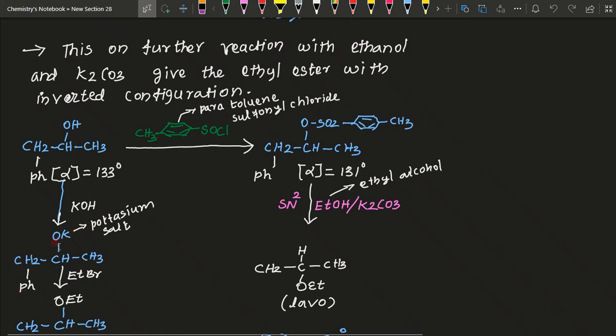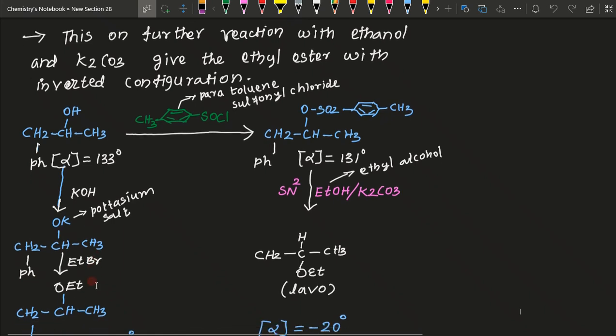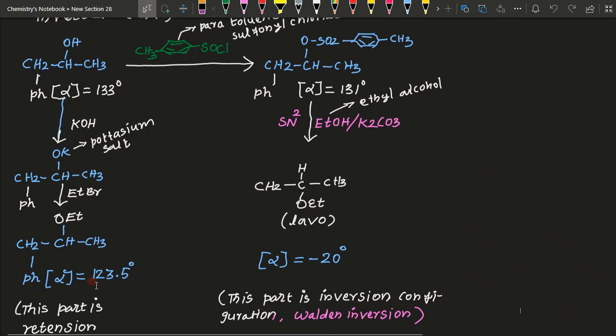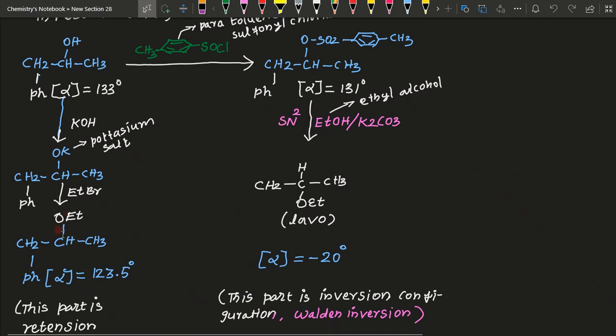This is the potassium salt. When treated again with ethyl bromide, it gives this product. This specific rotation is 123.5 degrees. This part is the retention part.